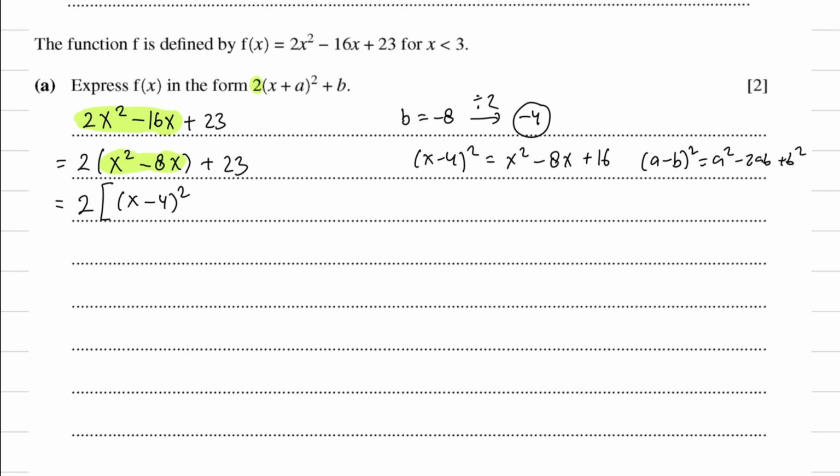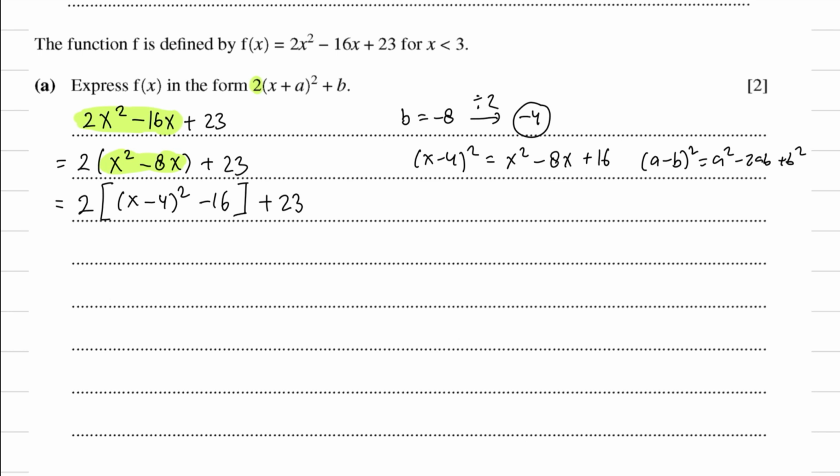But in our equation, when we focus on this, we don't have plus 16. But this expansion has plus 16, so we need to minus 16 to eliminate that 16 from this brackets. And then we close the bracket again, and then we have the outsider, which is the 23.